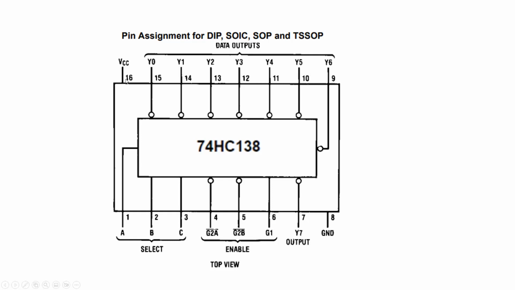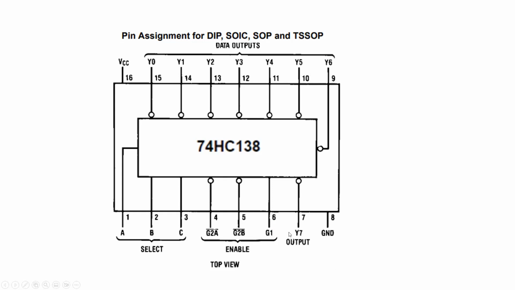You need to connect pin number 16 to VCC, which is 5 volts. You need to connect pin number 8 to the ground. I forgot this one: because you have eight outputs, this is Y0. Y is the output. So you have Y0, Y1, Y2 until Y7 here.